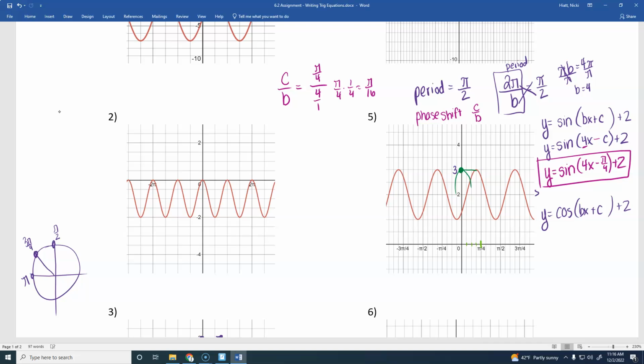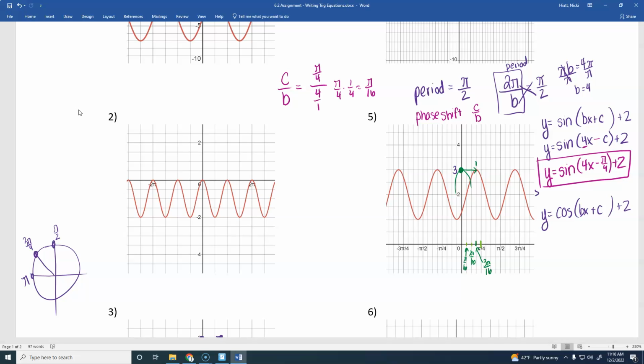So I need to shift it to the right 3 tick marks. How far is 3 tick marks going to be? 3 pi over 16. Good, because if this was pi over 16, right here, like we just found in the last one, right? This is 2 pi over 16, and this is 3 pi over 16.